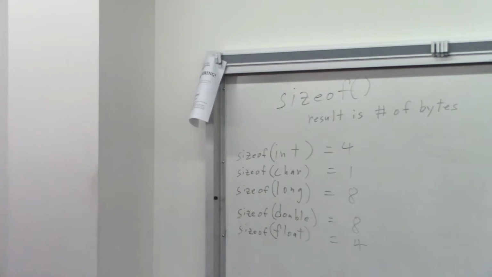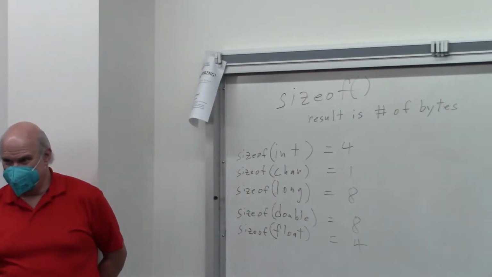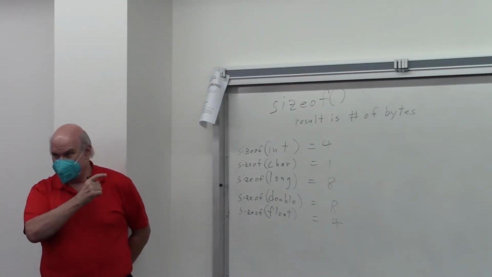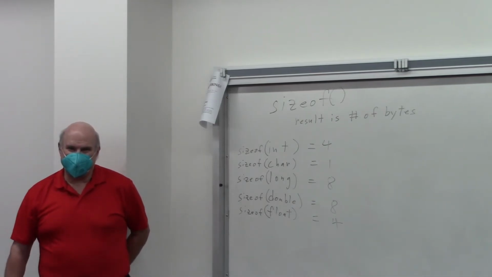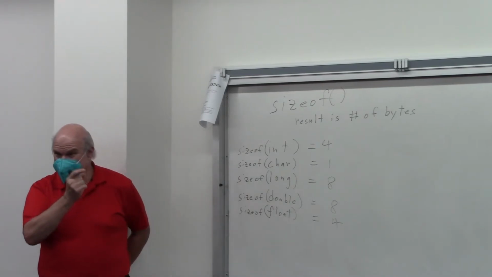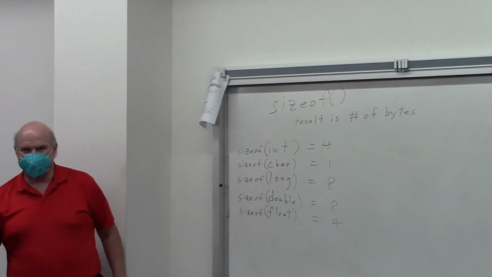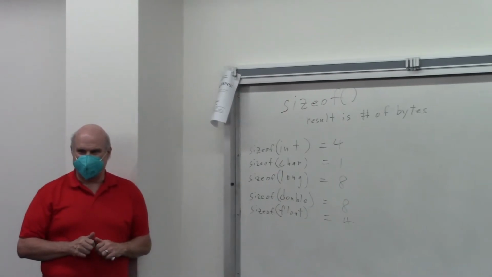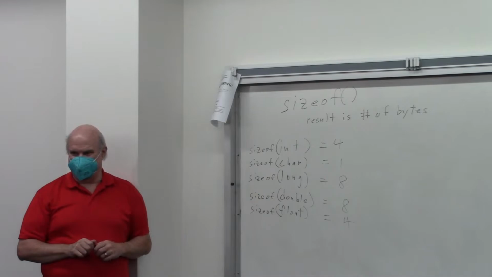What is really happening is it's generated by the compiler, because the compiler knows the size of those types. So the compiler just generates that number for you. The reason it's important to get the number via sizeOf type name is because it allows your program to run correctly on any computer system, if you use the value correctly, which we're going to see in a minute.